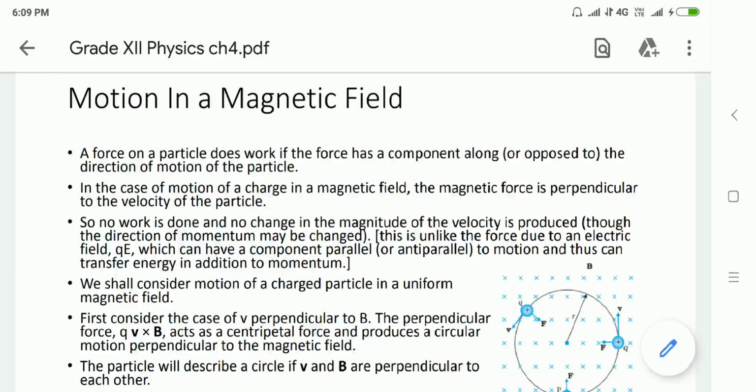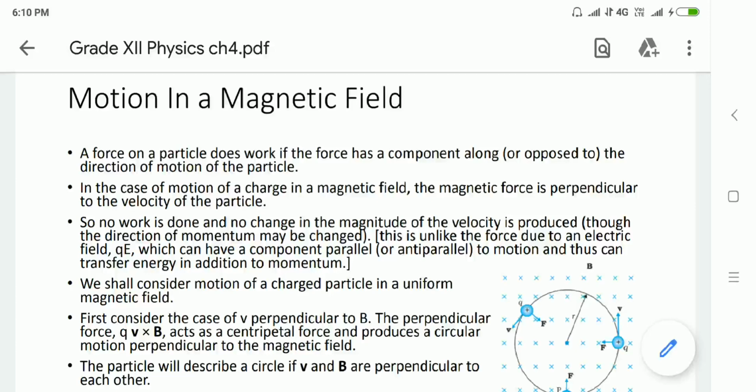And whatever velocity is produced when work is done on the charge, the motion is in the parallel or anti-parallel component. So if parallel or anti-parallel components are present, work is not done, so no change in the magnitude of the velocity is available. If a perpendicular force is available, then only work will be done.